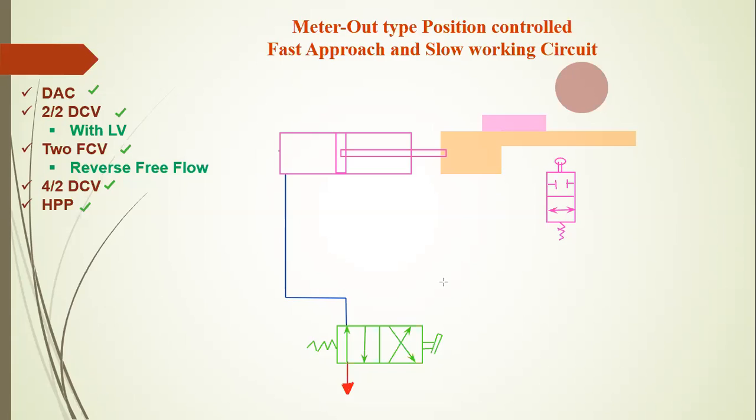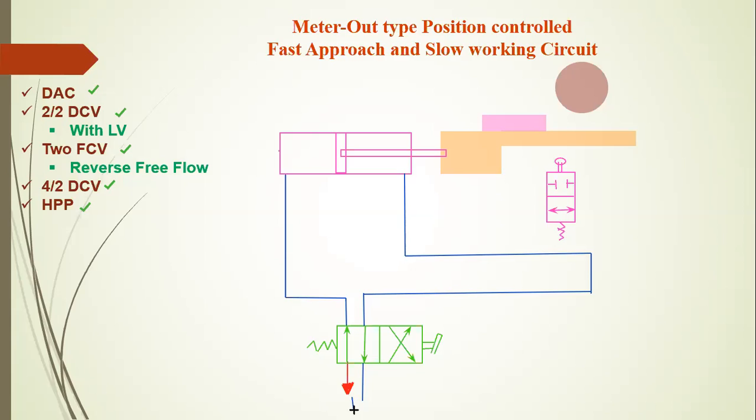The additional attachment goes at the other, retraction side of the cylinder. On the other side of the double acting cylinder we attach the two FCVs and connect to the 4 by 2 direction control valve. The output from the direction control valve is returned to the tank.